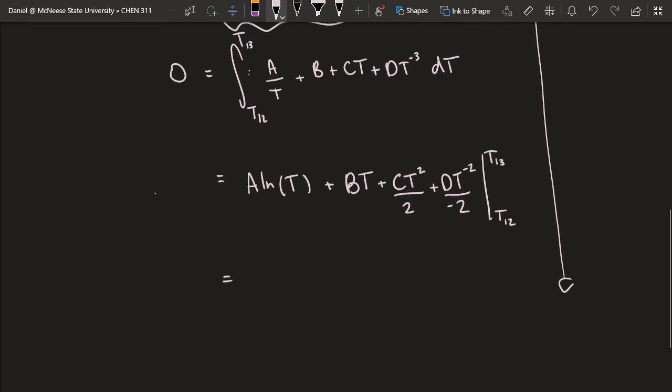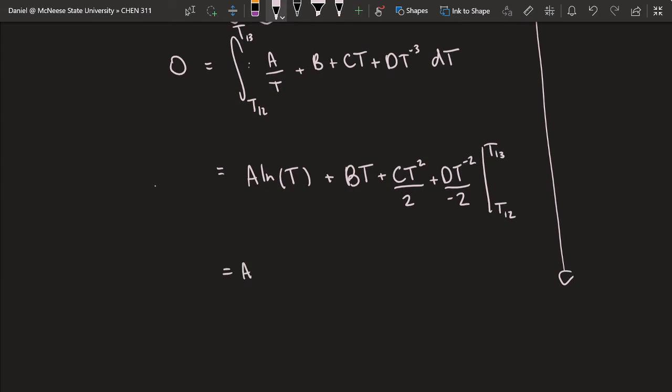And now I'll subtract it out. So now it's A times the natural log of T13 over T12. I'm just making all the math easier. If only I could make it easier. That'd be nice.